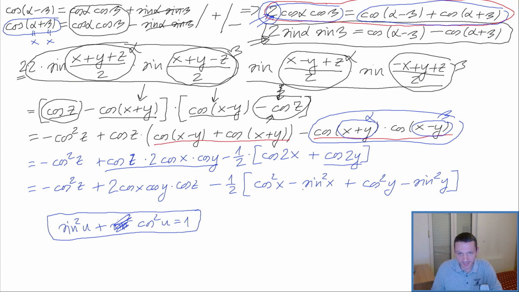So this minus sine squared x is actually nothing but cosine square x minus 1, and this minus sine squared y is nothing but cosine square y minus 1.